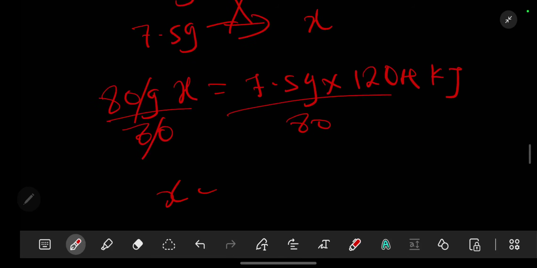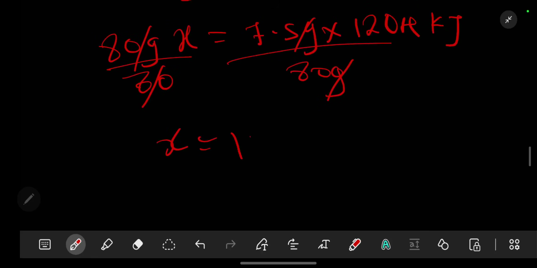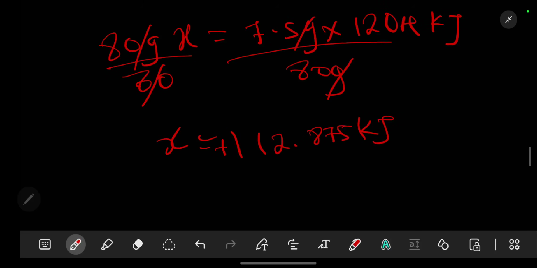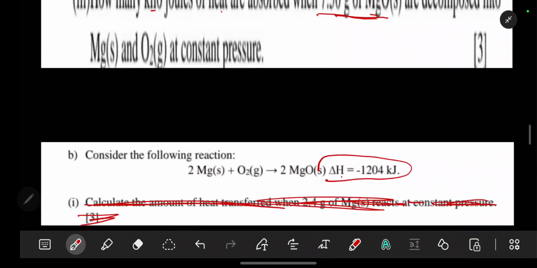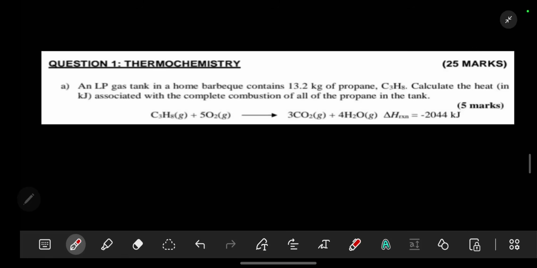So X should be equal to 7.5 times 1004, then divided by our 80 grams. This gives us a value that is equivalent to 112.875 kilojoules, positive for that matter. So you get your 9 marks like that if these types of questions come.